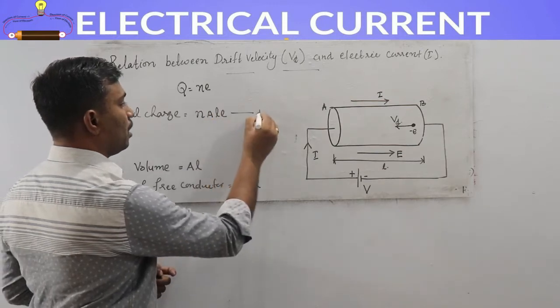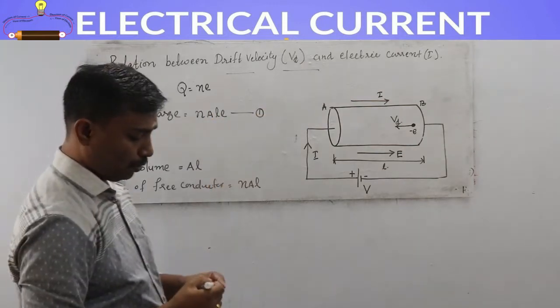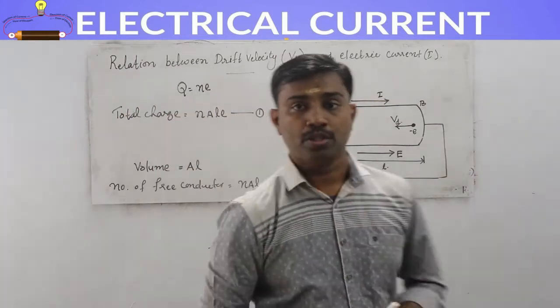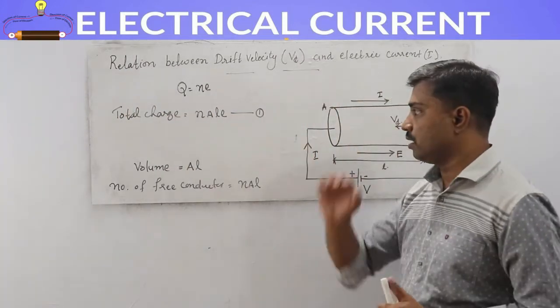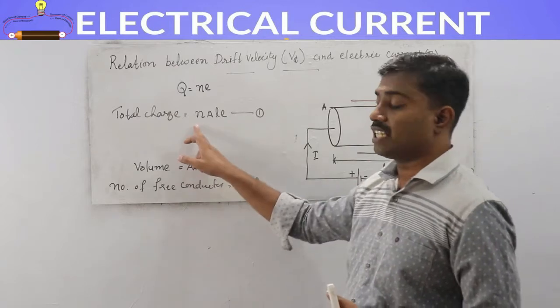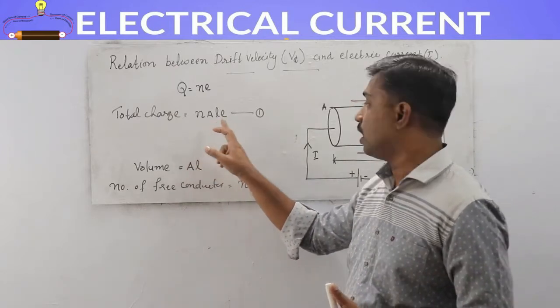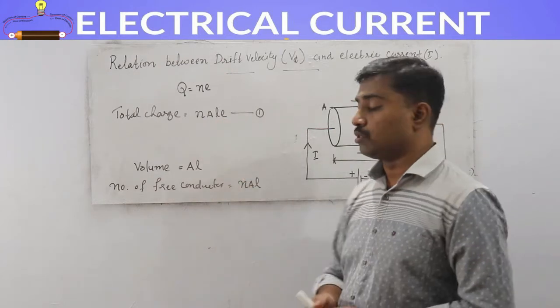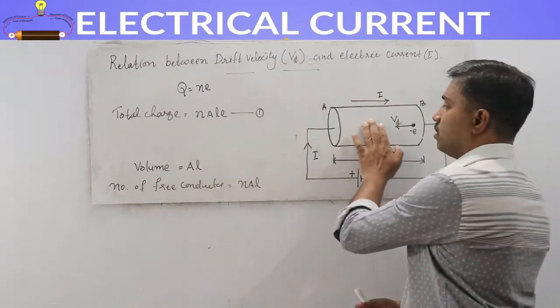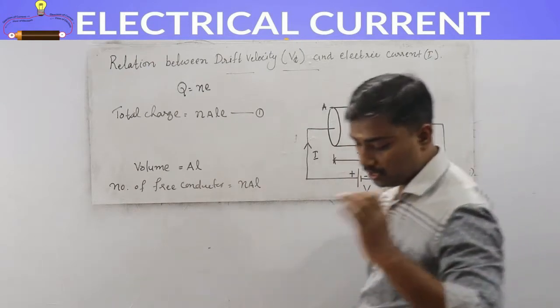So this is the total charge present in this conductor, nALe. n is the number density, A is the area, L is the length of the conductor, and e is the charge of the free electron. So this much charge is enclosed in this conductor.